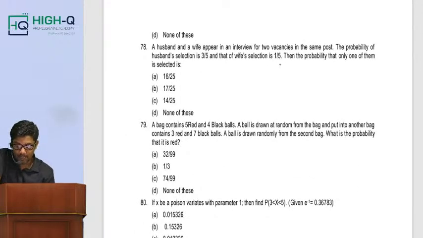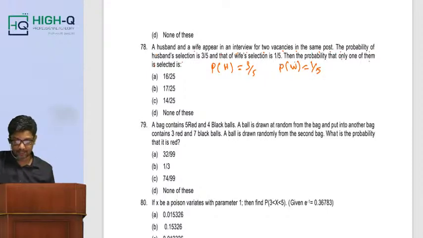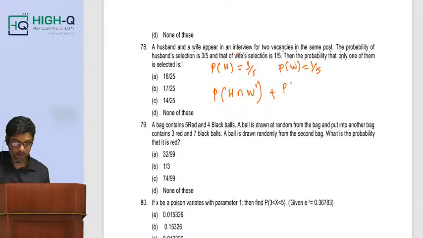Now, husband and wife appear in an interview for two vacancies in the same post. The probability of husband selection is 3 by 5. Probability of wife selection is 1 by 5. And what is the probability that only one of them is selected? Of course, my dear, husband selected but not wife, or wife selected but not husband. I think you understand this. And their selection is always independent.